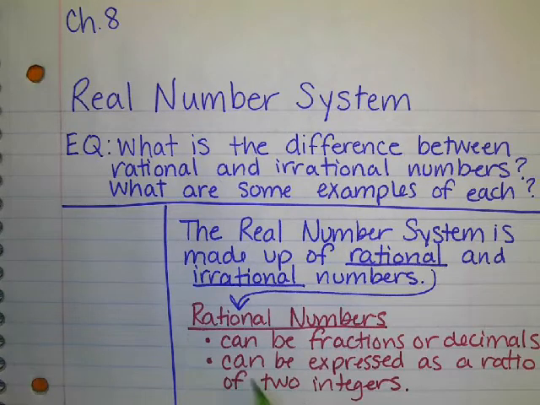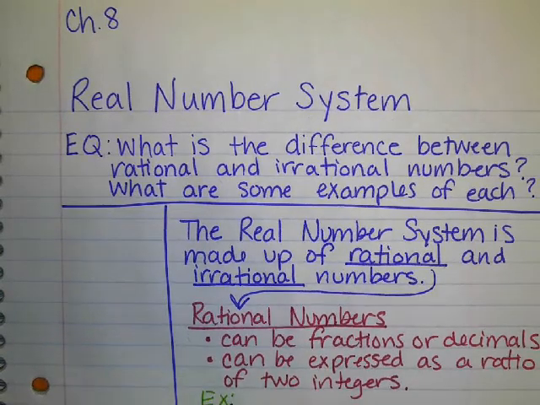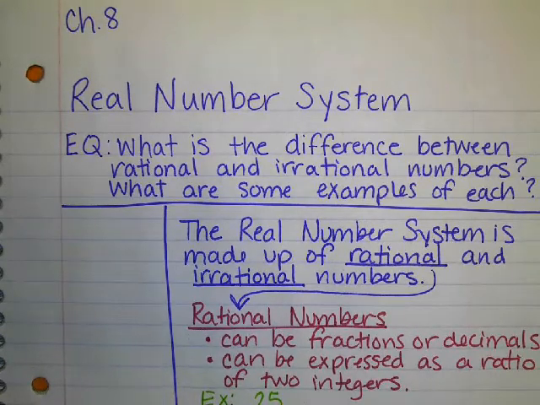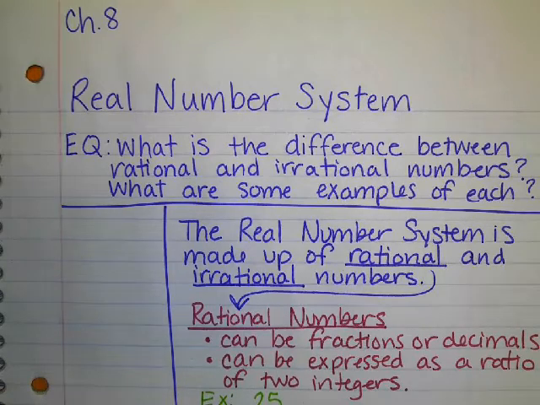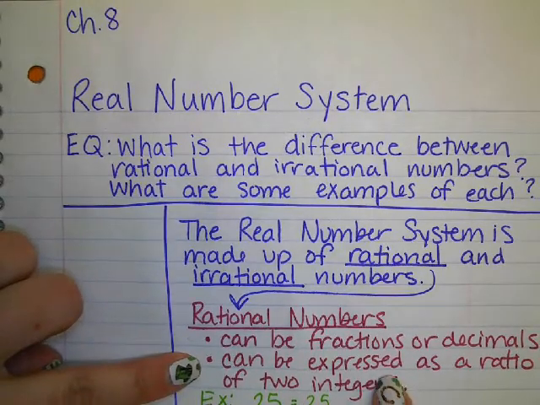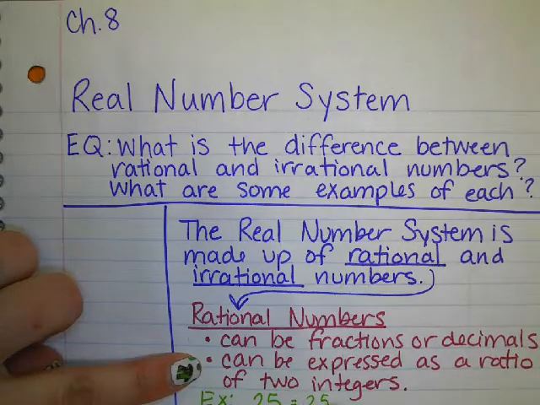So one example of a rational number would be 0.25. So that's a rational number because it has an ending point. It's a decimal that ends. 0.25 can also be written as 25 over 100. And that's what it means to say that it's expressed as a ratio. So ratio is comparing two numbers or two integers.